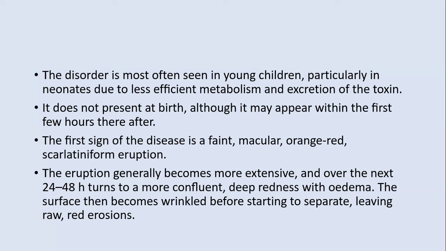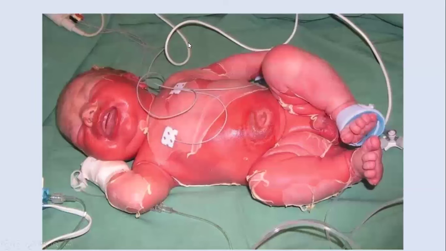The eruption gradually becomes extensive over the next 24 to 48 hours, becoming confluent with deepening of redness and edema formation. The surface soon becomes wrinkled before it starts to peel or separate, leaving raw red erosions. You can see these erosions due to peeling off of the superficial stratum corneum.